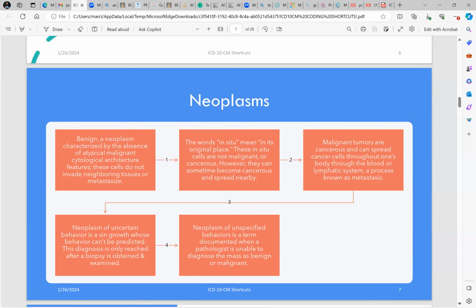Malignant means cancer cells. It's cancer. It's there. Malignant tumors are cancerous and can spread cancer cells throughout one's body through the blood or lymphatic system, a process known as metastasis. Or when it's metastasized, it's spreading. That's what their words mean.